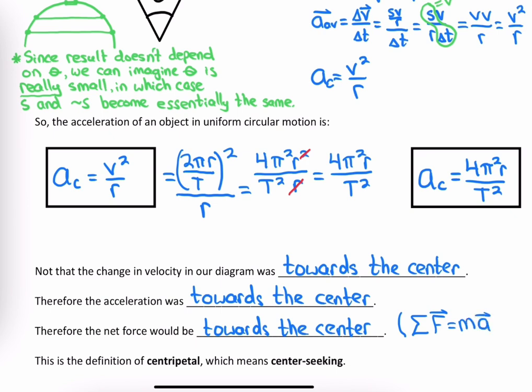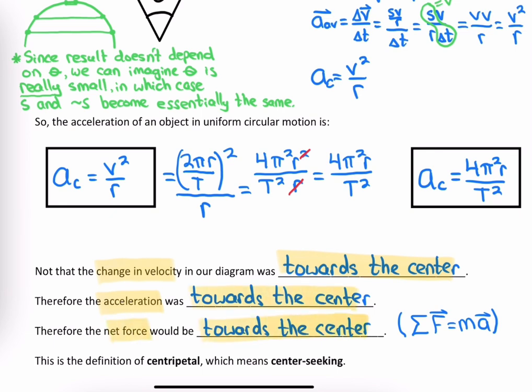There's only two vectors in this formula, net force and acceleration. So because they're more or less equal, except for that factor of a scalar, they have to have the same direction. So there's a lot of things that are towards the center. The change in velocity is towards the center. The acceleration is towards the center. The net force is towards the center.